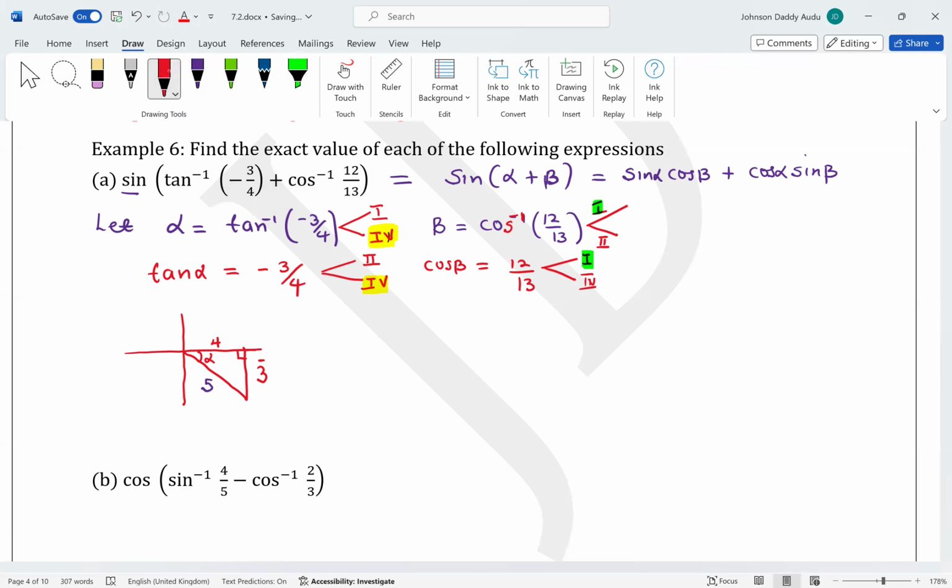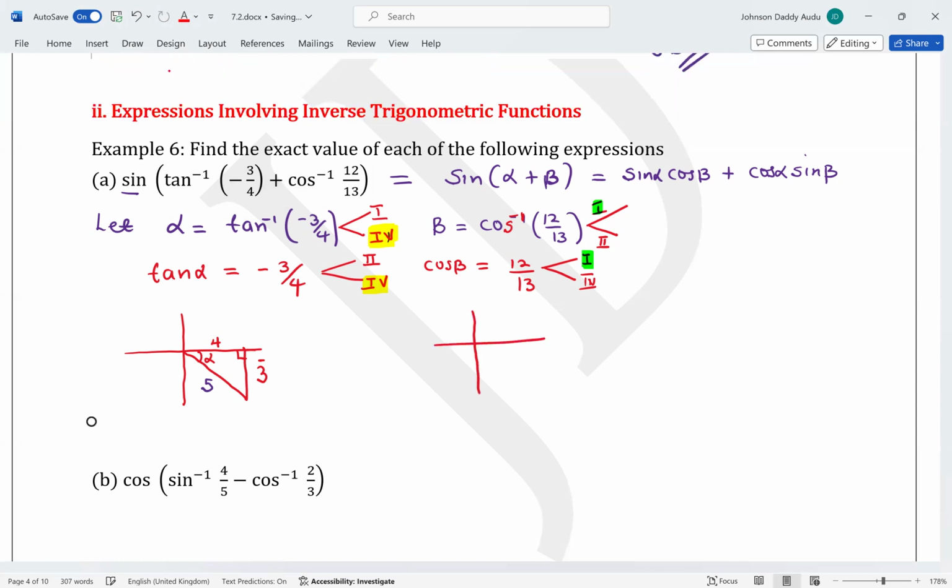So let's draw it again. So we have quadrant 1. We can draw it the same as this, but let's just draw it separately. And this is going to be beta, so cosine is adjacent. So this is 12, and this is 13, adjacent over hypotenuse, right?